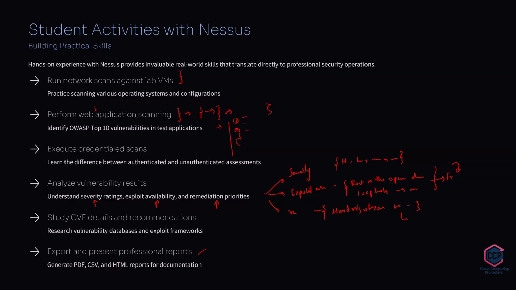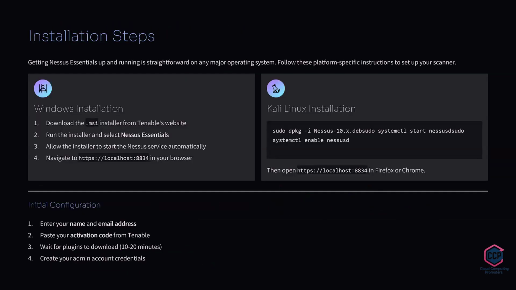We can also export the files. These are the steps for how we can install it, whether installing on Windows or on Kali, and we have this command and different commands also. We have already done it, because we get an activation code.